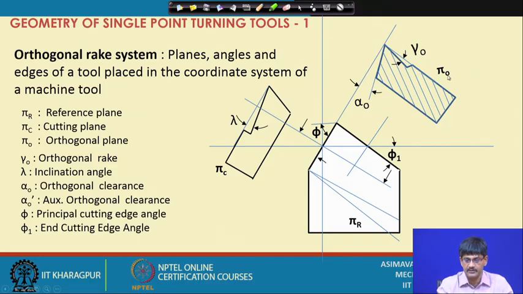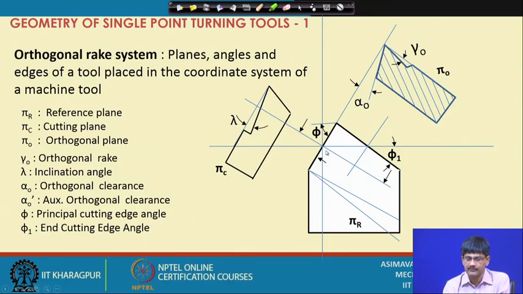So, that is why this pi o has appeared here, and the two angles of cut are shown on the two sides. One is orthogonal rake and another is orthogonal clearance. So, if you ask me how is orthogonal clearance defined? It is defined between this plane which is principal flank and that plane which is cutting plane, and the whole thing is measured or considered in the orthogonal plane. That defines orthogonal clearance.